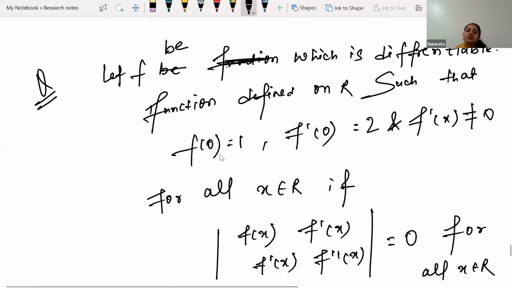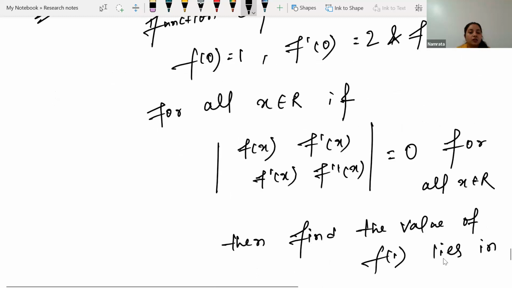f is a differentiable function. The condition is given over here. Here one determinant is given, and we have to find the value of f of 1 by using the given condition and the determinant. Let's take the determinant first.